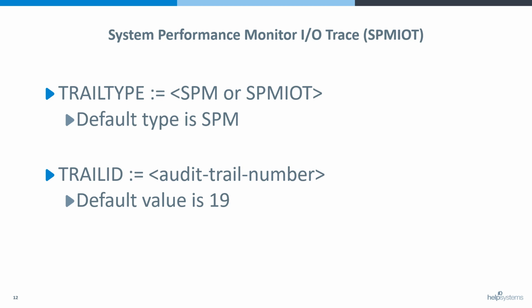The default value is SPM. Trail ID is the audit trail ID number. This is the trail ID of the SPM or SPM IoT audit trail file. The default value is 19. Use trail type and trail ID when processing SPM or SPM IoT audit trail file.